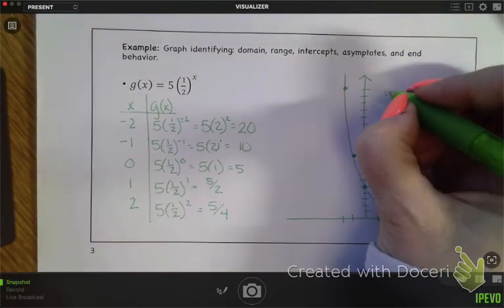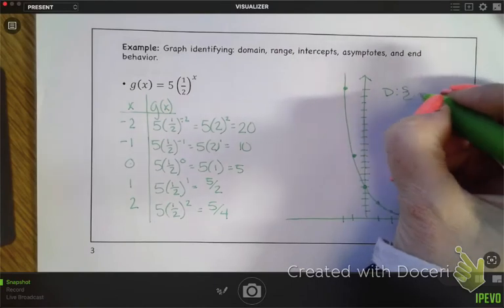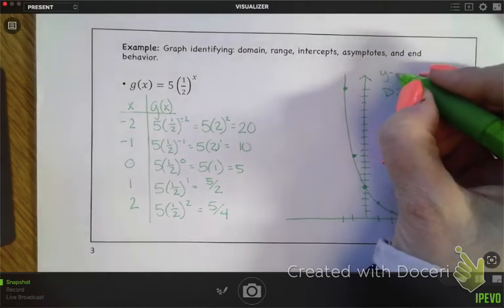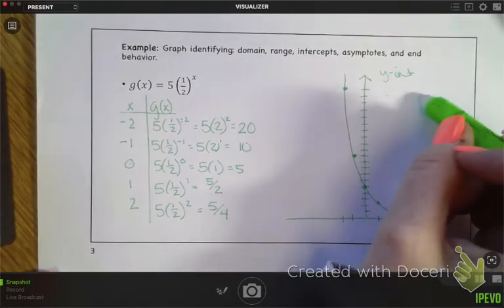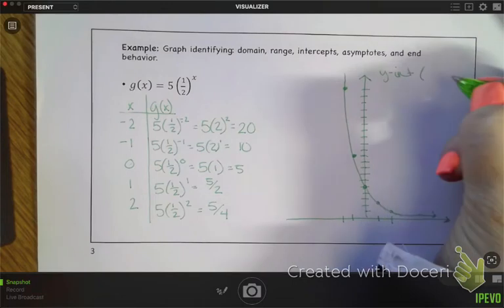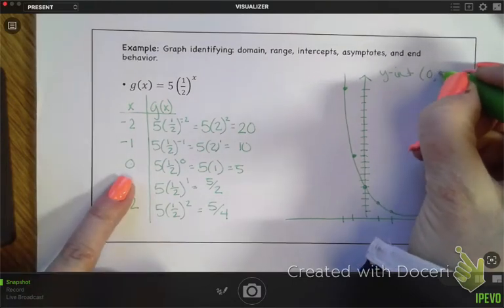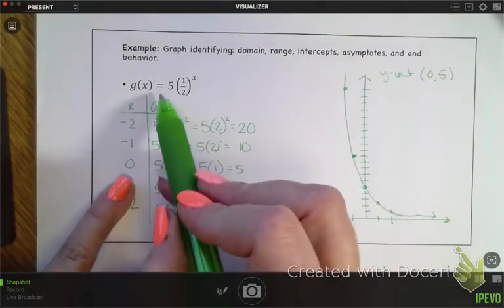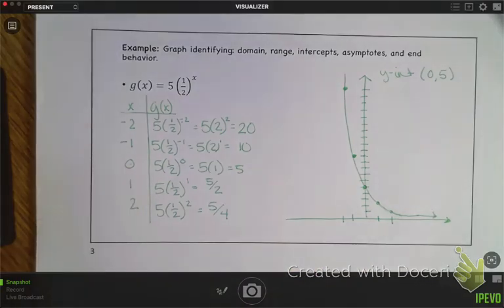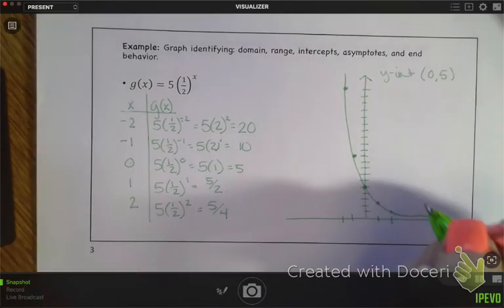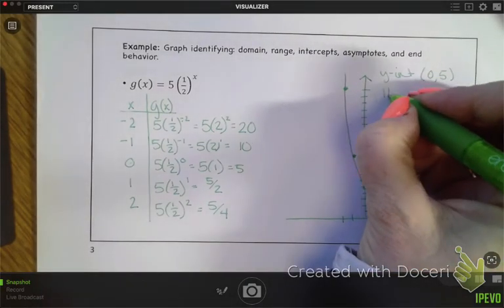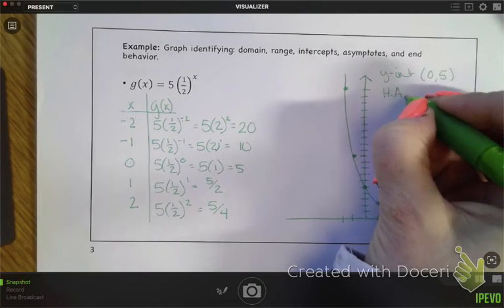So my domain is still, well, let's do the y-intercept. I like the y-intercept first. It's just nice to do. Okay, so the y-intercept now is 0, 5. And the reason why it's 0, 5 is because we multiplied everything by 5. So then I have a horizontal asymptote still at y equals 0.